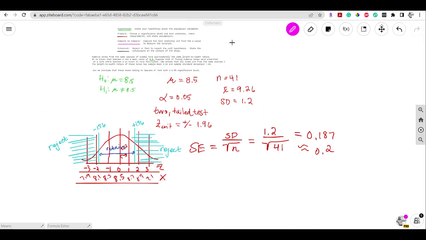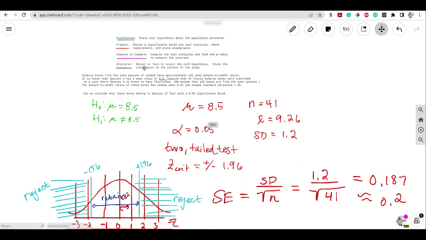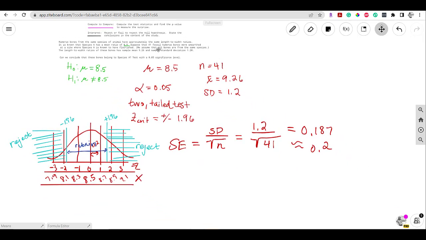As the next point, what I'm going to do is go ahead and compute the test statistic. In this case, I'm going to compute the z obtained, and I'm going to find the probability, or the p-value, of that z obtained. So first things first, let's get this calculated. So my z obtained, I'm going to do this in pink, is going to be my sample mean, and from that, I'm going to subtract the population mean, and then I'm going to divide that by the standard error.